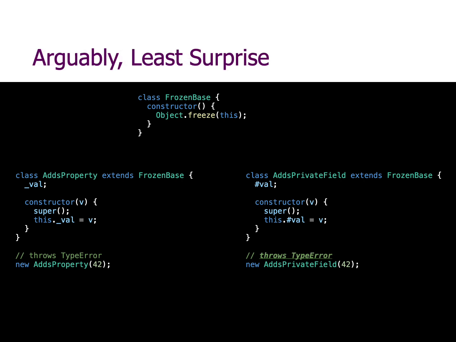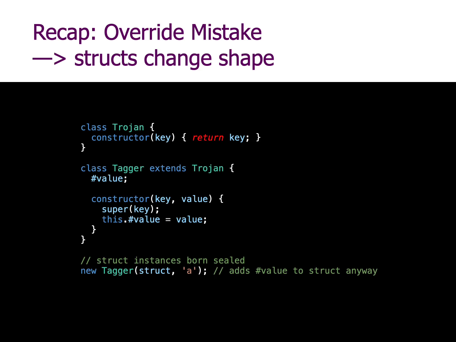So what we're proposing is that the meaning of non-extensible be extended in a way that we claim is already intuitive. It is the thing that would be least surprise, such that an attempt to add a private property to an object that's already non-extensible would also throw a type error.